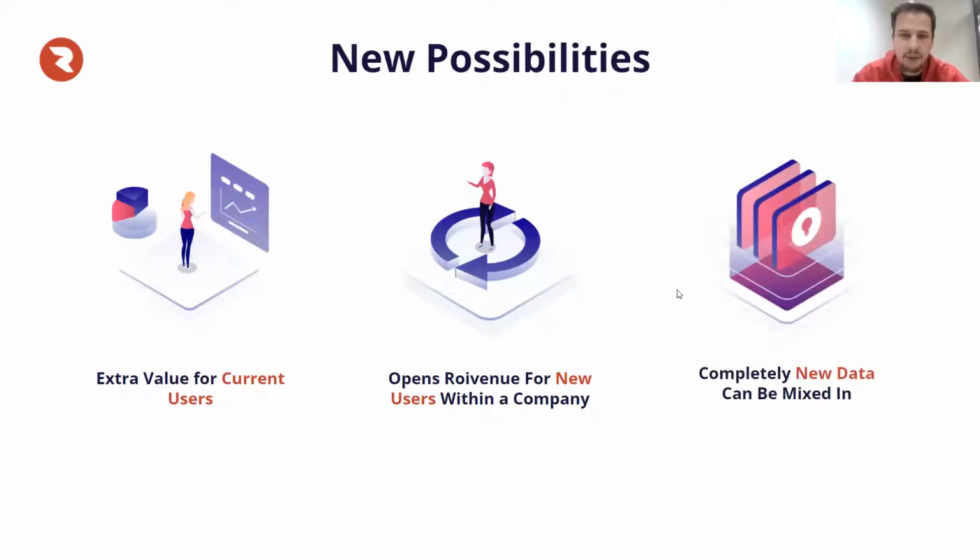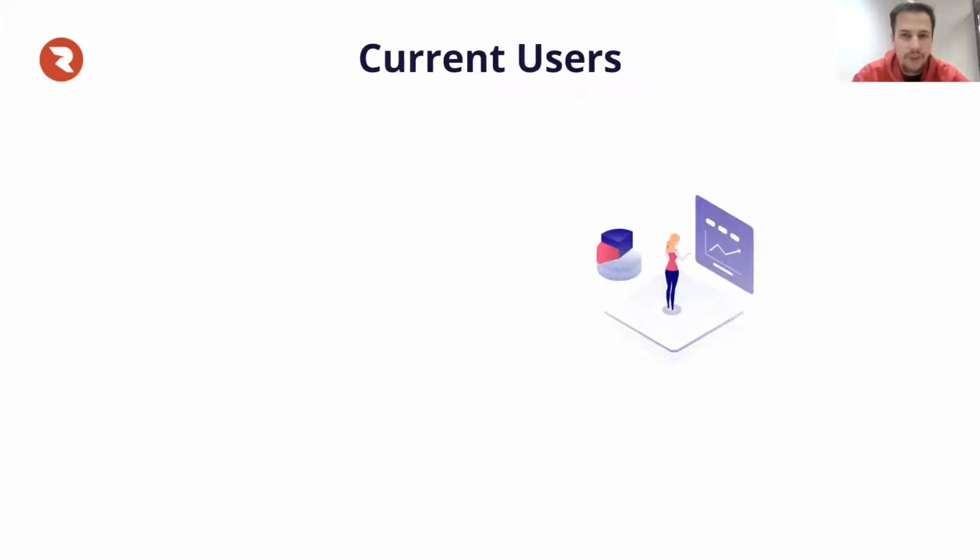And also, completely new data can be added into Roivenue datasets, and it can bring more value for you. So let's check out how custom dimensions can help you as a person who already uses Roivenue.